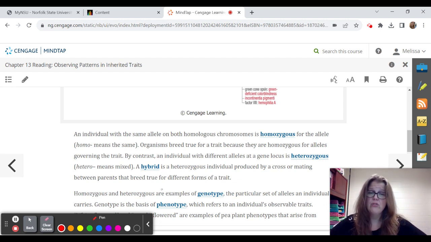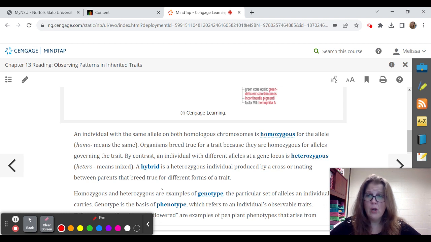So dominant is the stronger one, recessive is the weaker one. And if somebody is homozygous for a particular trait, that means they have two copies of the same allele, either two dominant or two recessive. And I'm going to put up a PowerPoint that has these vocabulary terms illustrated a little bit better for you so that you can see them.